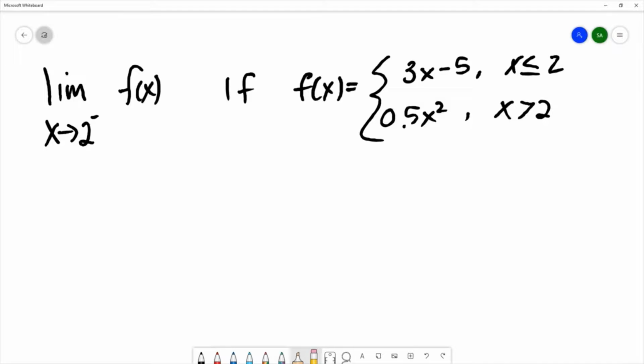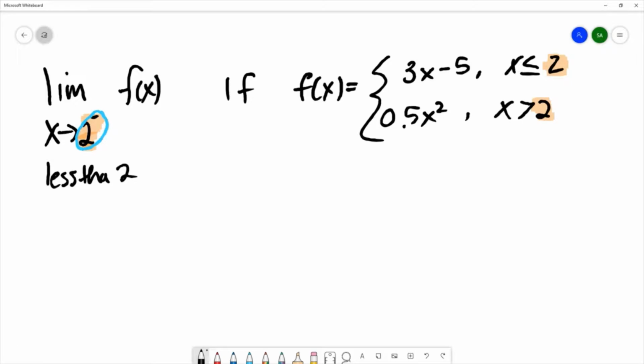So you can see that the value that we're approaching, 2, is the same place where these pieces are joined together. So what we want to pay attention to is that our limit is approaching 2 from below, and that means less than 2.